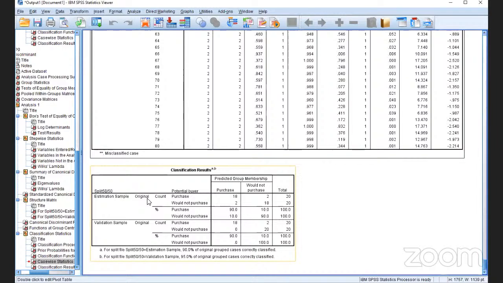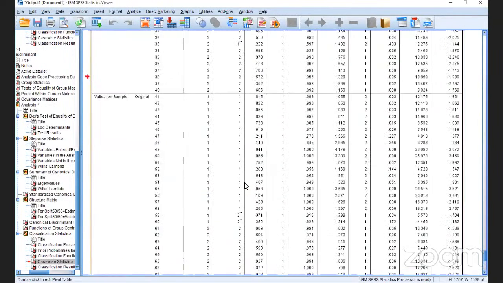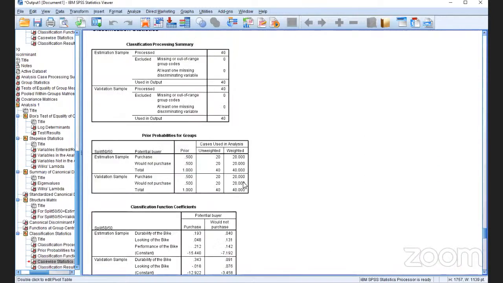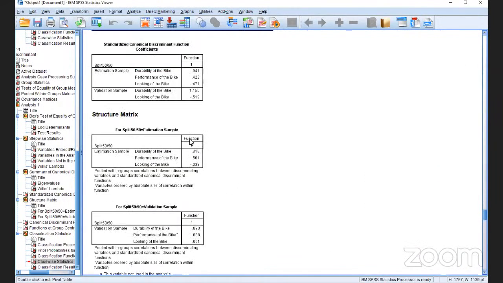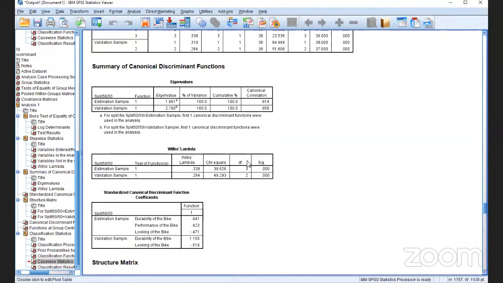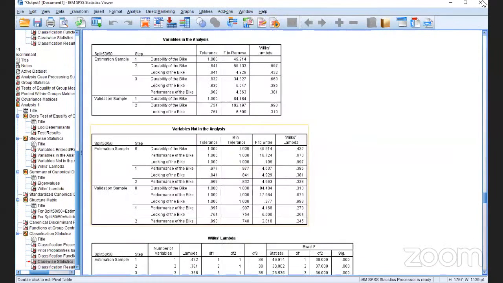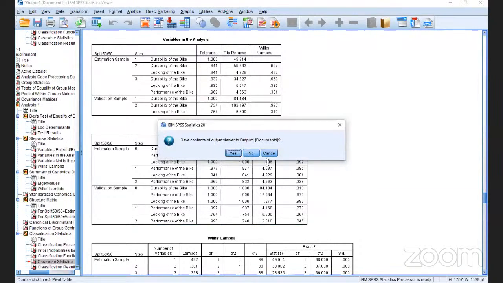The estimation sample and validation sample are giving the right result, so there is no issue of cross validation. Now I am going to start the new topic.